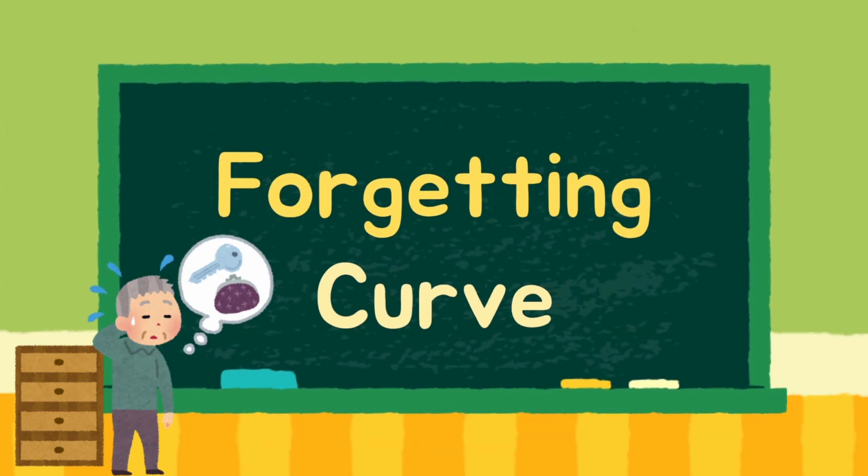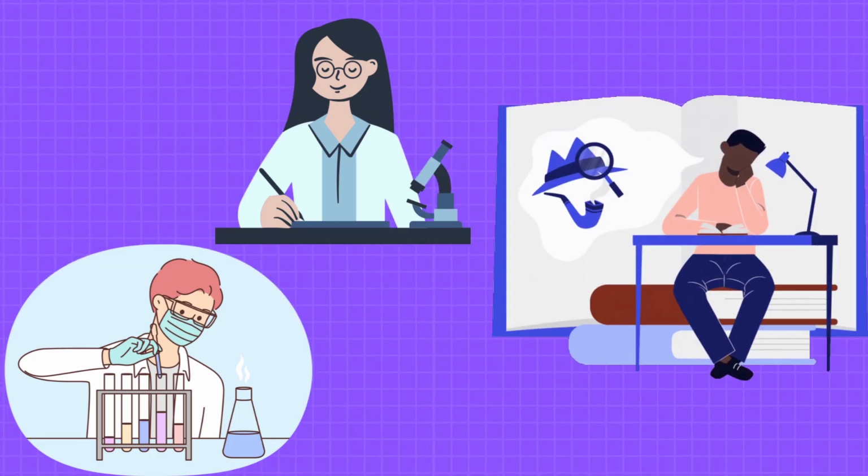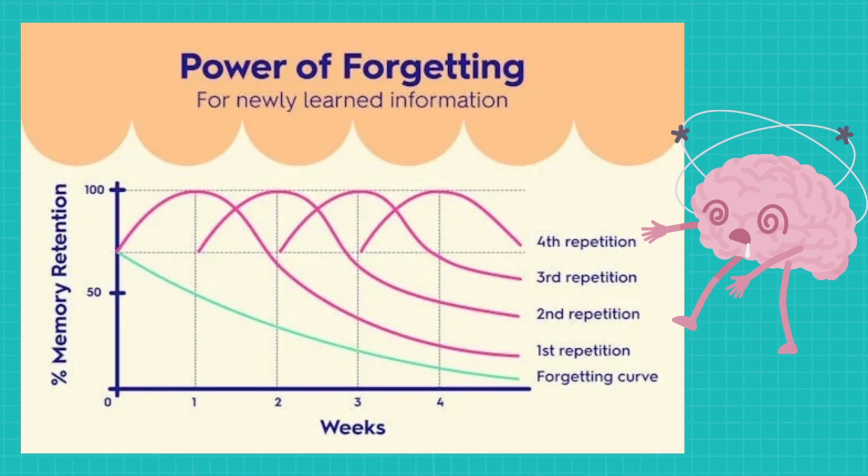Before revision techniques, let's see what the forgetting curve is. According to scientific studies and some researchers, we can conclude that the power of forgetting for newly learned information is as shown in the graph. To remember things, we have to repeatedly read them.